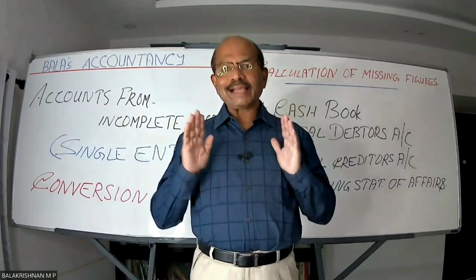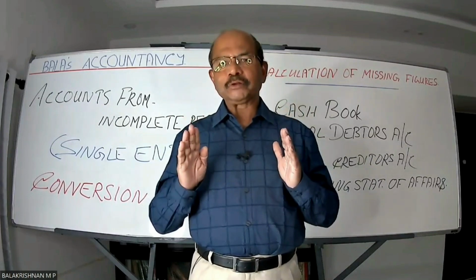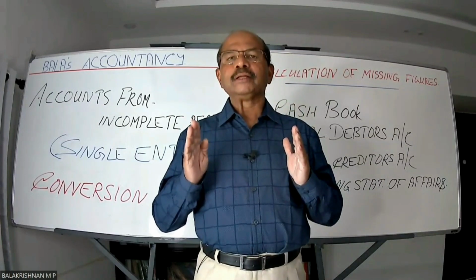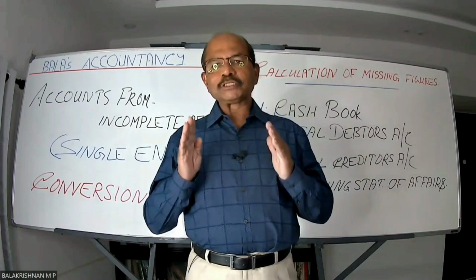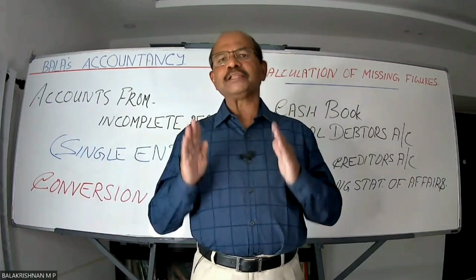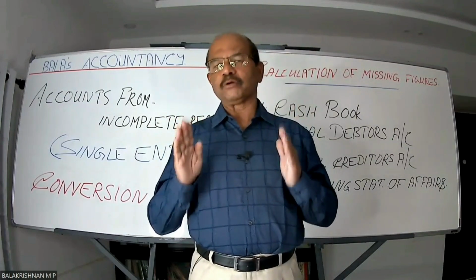Well, as far as the cash and bank account is concerned, please note that we have been given the opening as well as the closing balance of both the cash and the bank. Hence, we have combined them and a single account has been maintained.